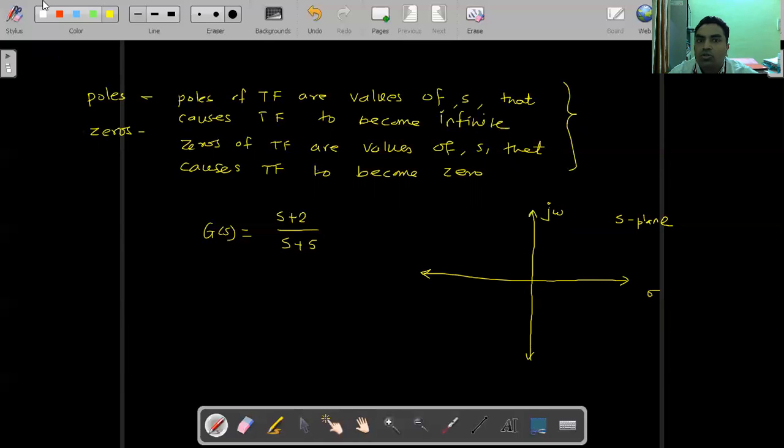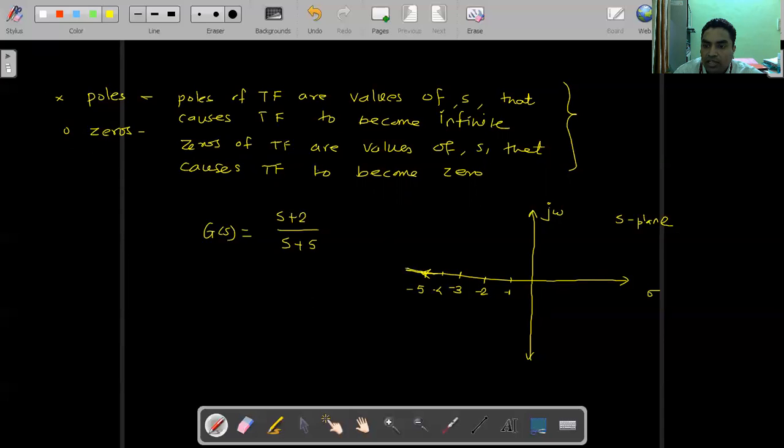With this we can plot these values here. Let me indicate this as 1, 2, 3, 4, and 5. Here poles are indicated by crosses and zeros are indicated by circles.